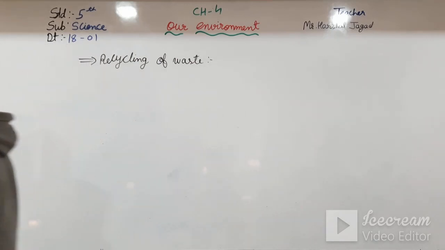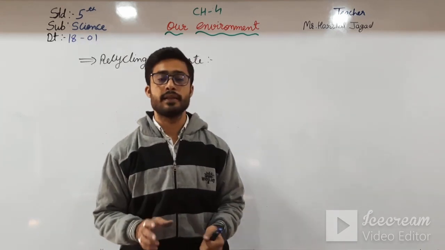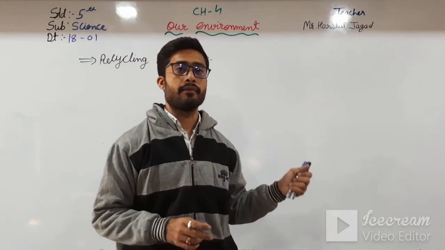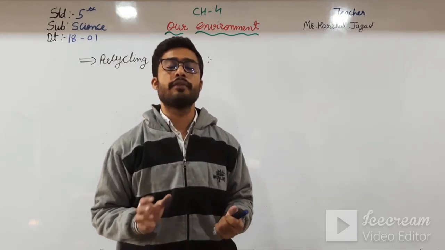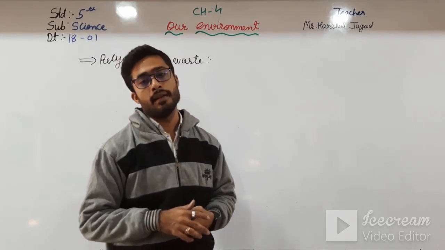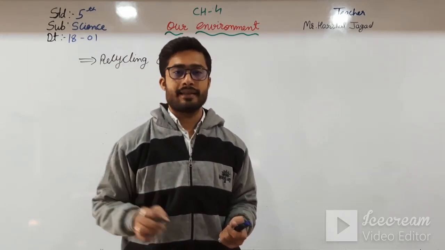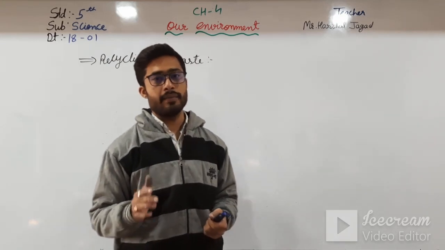Here, in the recycling of waste, they are just talking about some of the countries. They use different color dustbins for different things. One is for biodegradable, non-biodegradable, recycle, and all the different color dustbins are there. Nowadays, plastic which cannot be recycled can be reused.